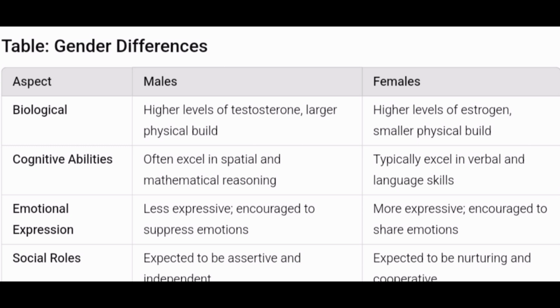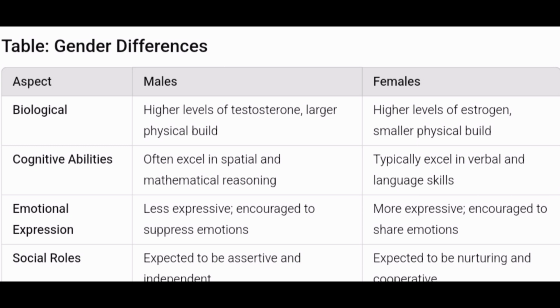So here three things are given. One is aspect, another one is male, and the next one is female. If we talk about the biological aspect, then males have a higher level of testosterone and a larger physical build. What does it mean? Testosterone is a hormone which helps the boy acquire the characteristics of a male, right?